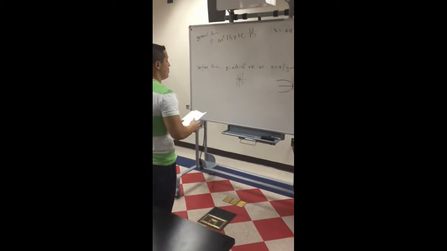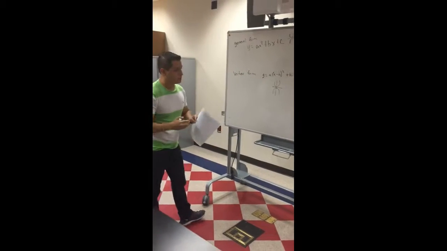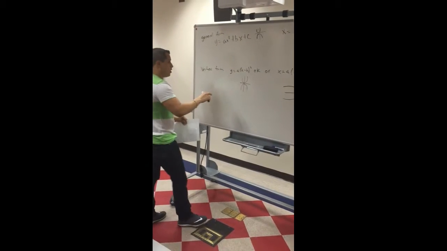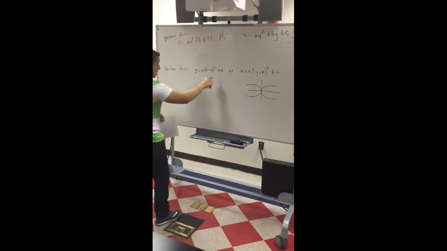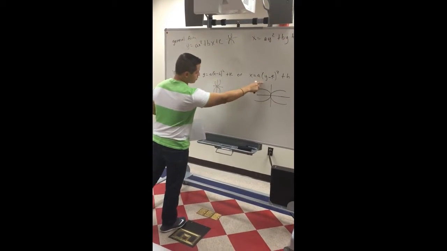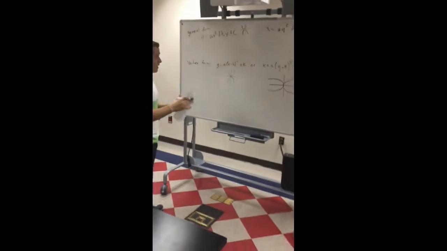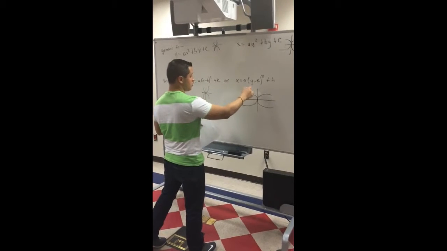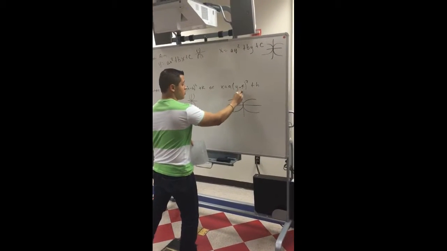One very, very important thing to remember and keep in mind is that h always goes with x. Always, always, h goes with x. And k always goes with y. So when you're working with y being squared, you're going to work with k.